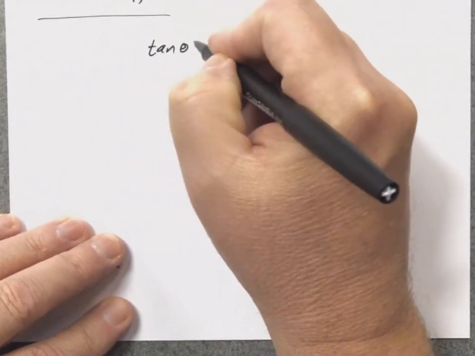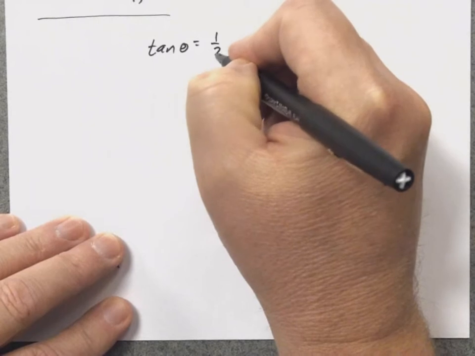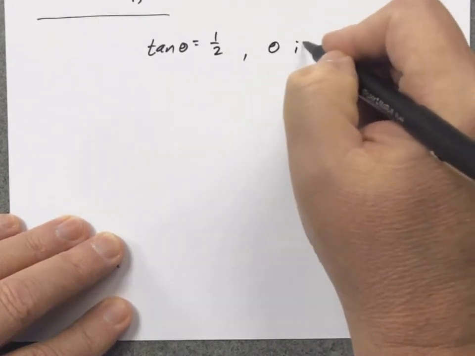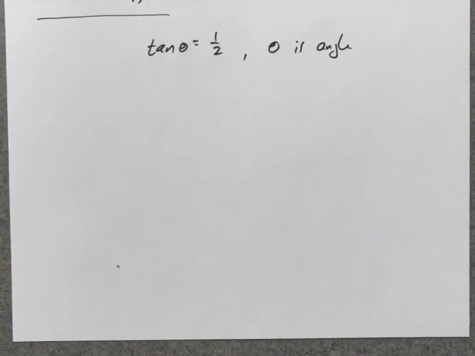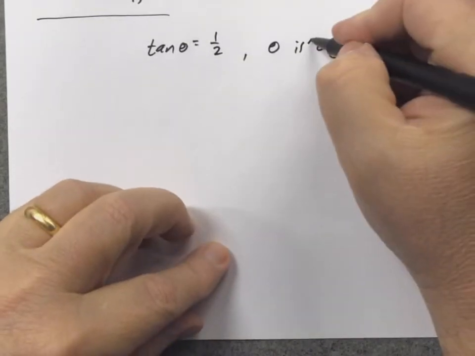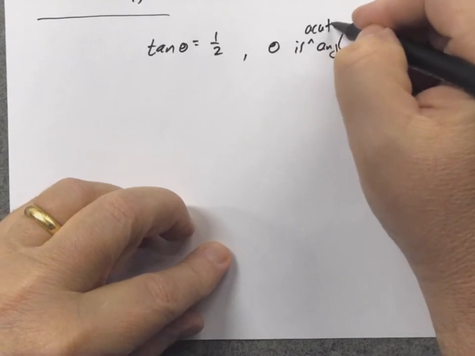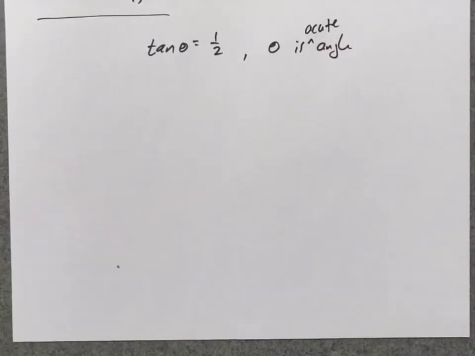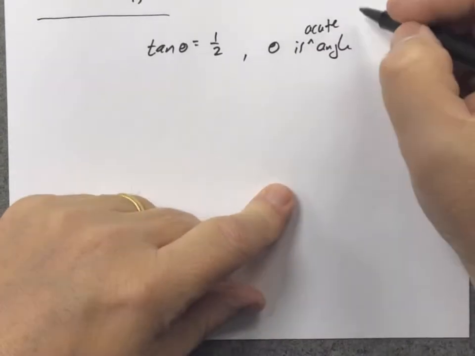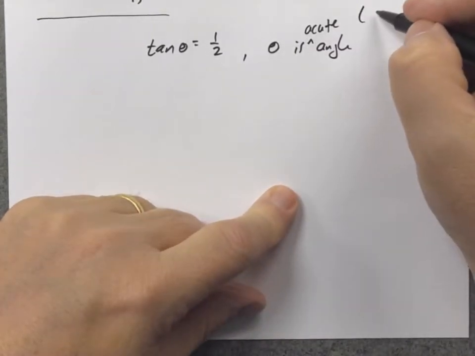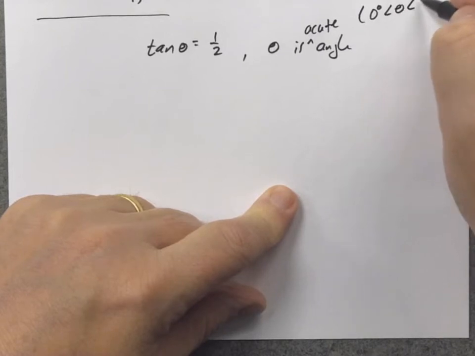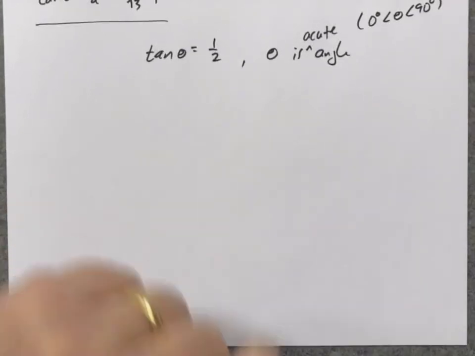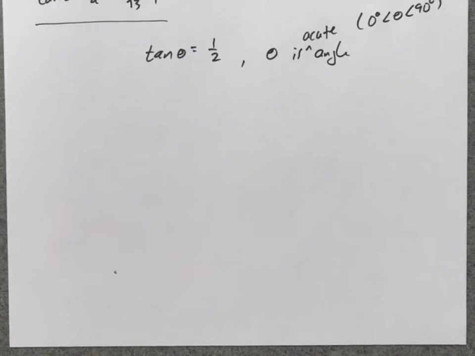You're given the trig function of an angle, and we're also told that the angle, I didn't write it, is an acute angle. Acute means, if we're thinking in terms of degrees, it's between 0 and 90 degrees.